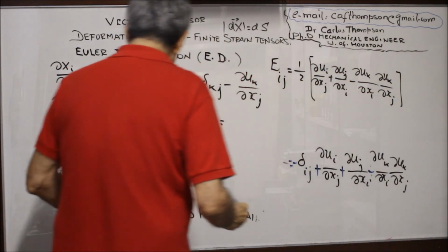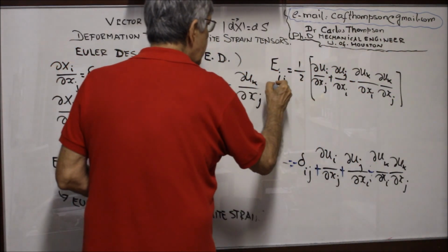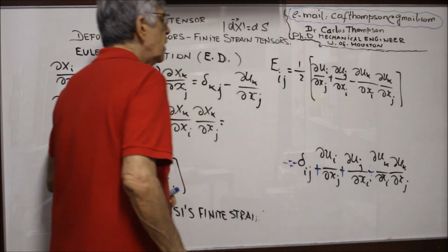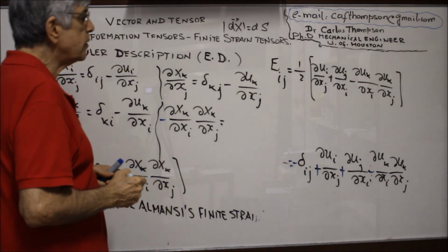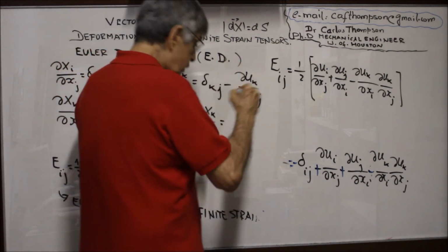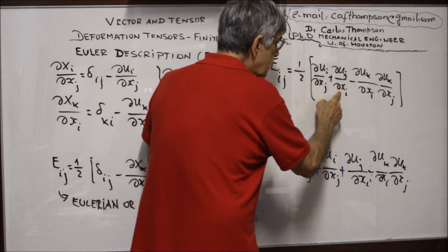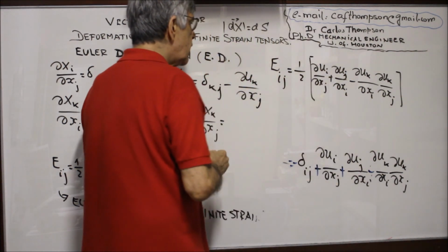So this is the Eulerian finite strain tensor written in terms of the gradient of the displacement. You see this is Eulerian. Okay, look, this is small x over here, you see? So that's the formula.